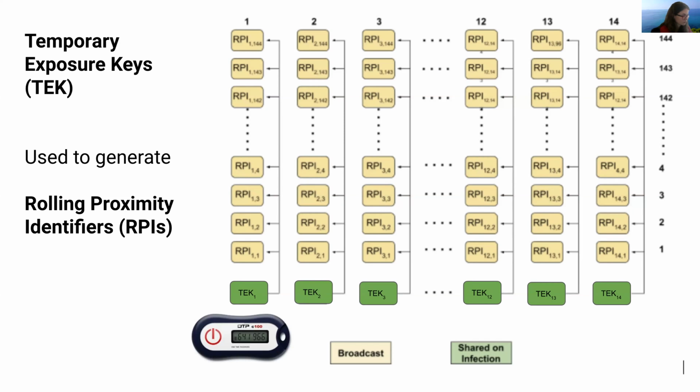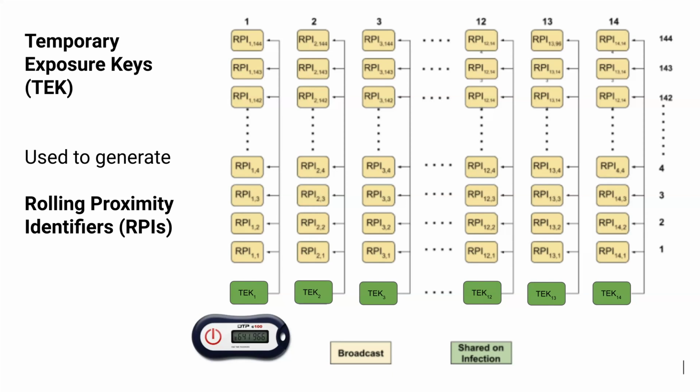So we've built essentially a compression mechanism where instead of uploading the raw RPIs, we generate 1 day's worth of RPIs from a seed, in much the same way as a one-time password generator works. We use a pseudo-random number generator to generate 1 day's worth of keys, and that provides approximately 100x compression rate. This is very important in the realistic operation of the system.